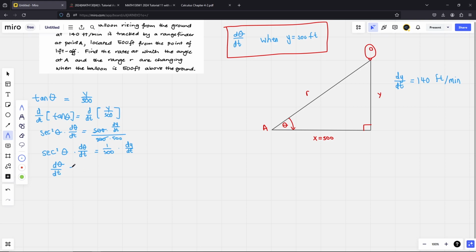So if I divide the right hand side by secant squared theta, it's going to be 1 over 500 multiplied by dy by dt, which is 140 feet, so we can say multiplied by 140. And we're going to divide both sides by secant squared, so we can say divided by secant squared theta.